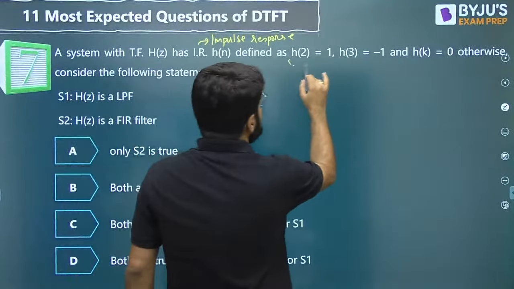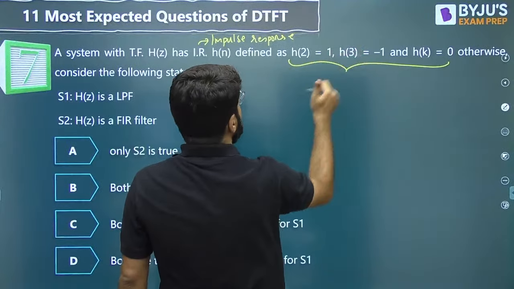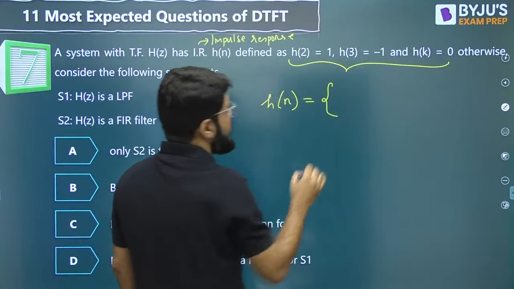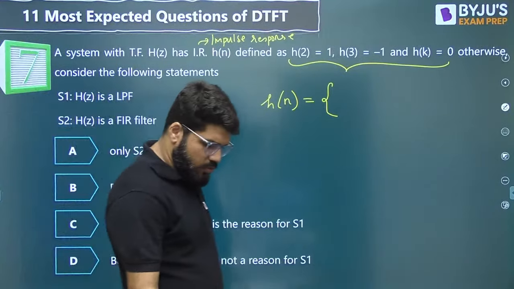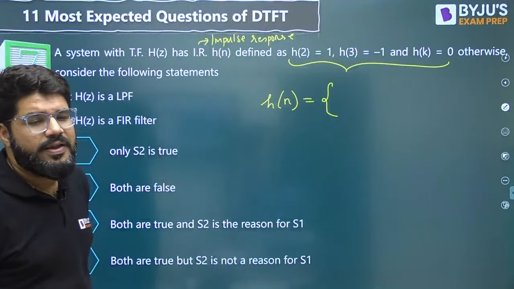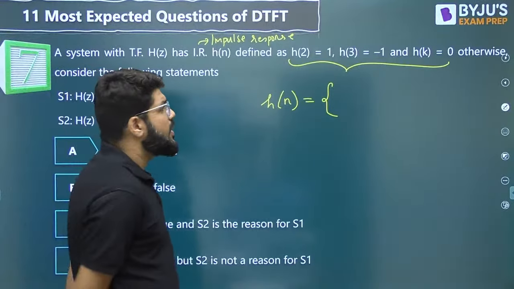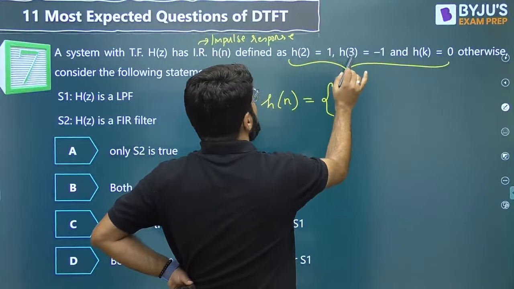See from this information, h of 2 is 1, h of 3 is -1. Only 2 non-zero values are there, that is at n equal to 2 and n equal to 3.